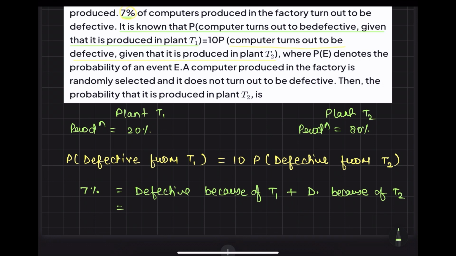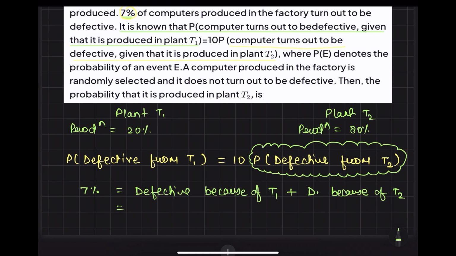Suppose the probability of a defective computer from plant T2 is x. So can I say that the probability of a defective computer produced in plant T1 will become 10x?